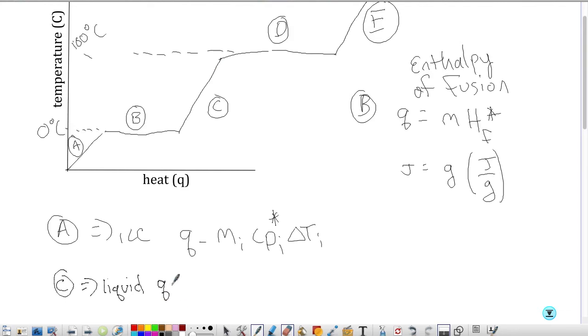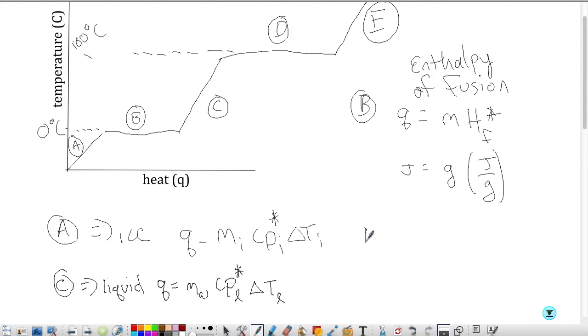So I'm back to Q equals mass of the water times Cp of liquid water. Remember, this is a different value now, times the delta T of liquid water. So this is just another standard region. You're changing the amount of heat, and you get a corresponding temperature change.